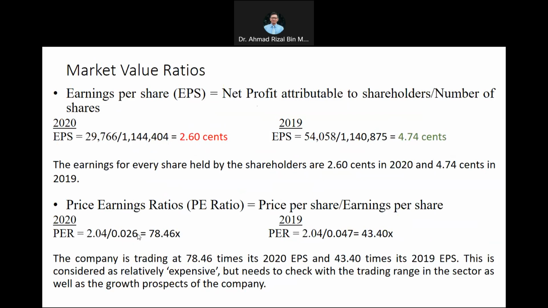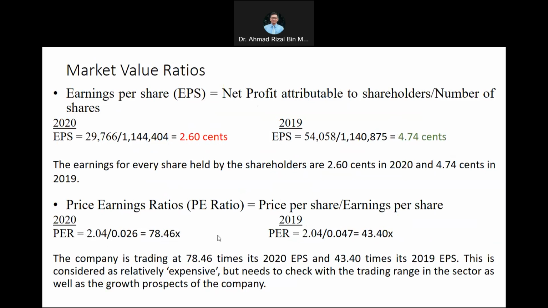Many students make this mistake and simply divide by 2.6, which is wrong. So 2.04 ringgit divided by 0.026 ringgit turns out to be 78.46 times. And in 2019, it is 43.40 times.